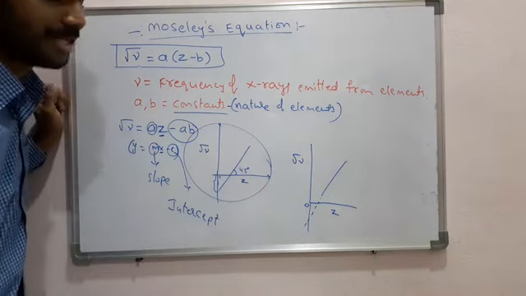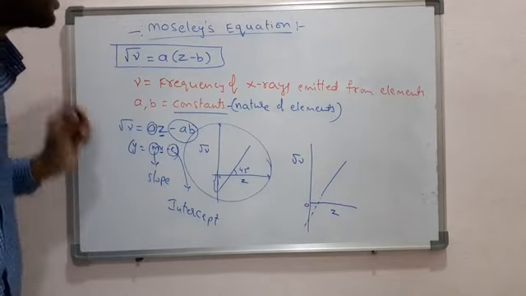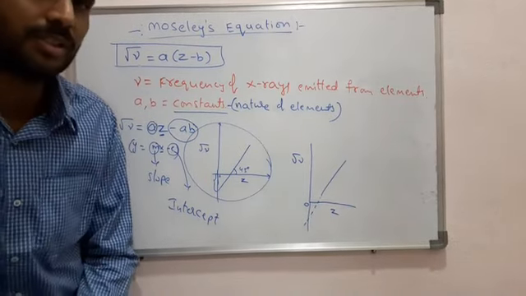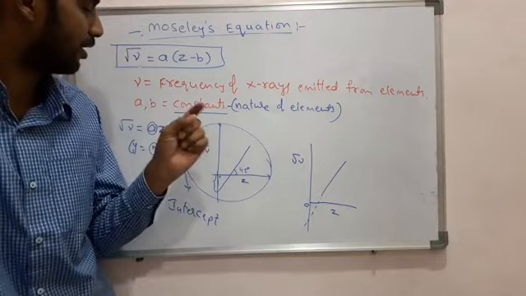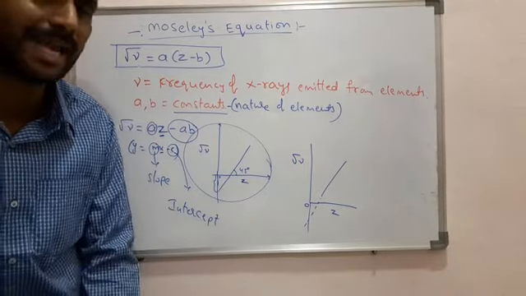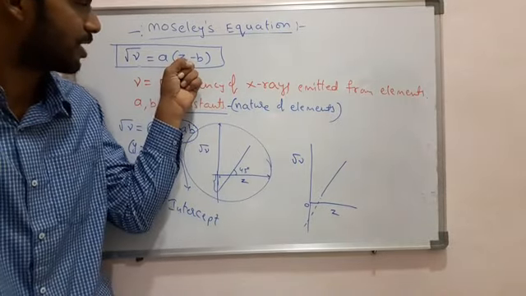This is Moseley's experiment and Moseley's equation, which is useful in the calculation of atomic number, that is, the nuclear charge.